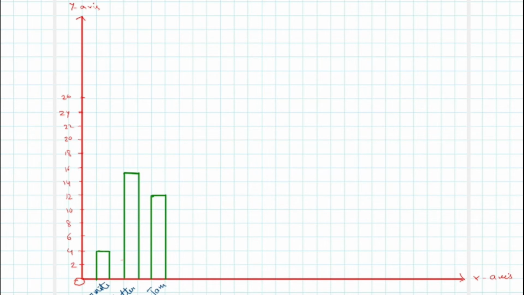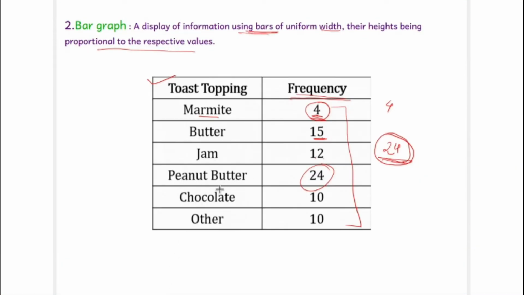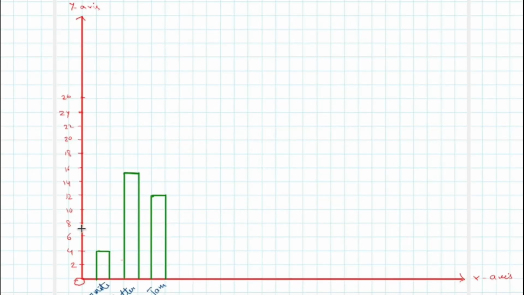So the next one is our peanut butter is 24. So peanut butter we have to mark at 24. This is 24, and we will leave one box and then we will mark it as 24. Then we will make the bar.